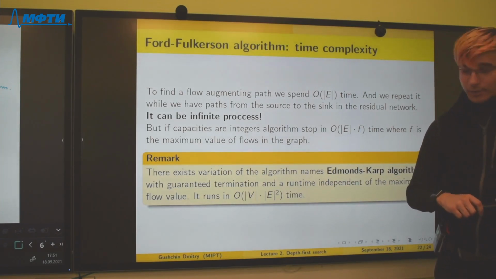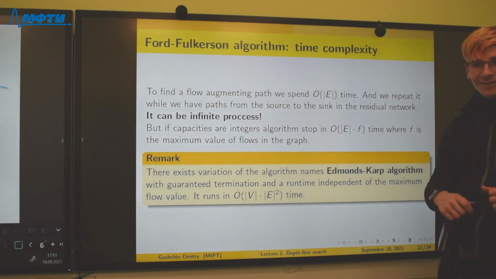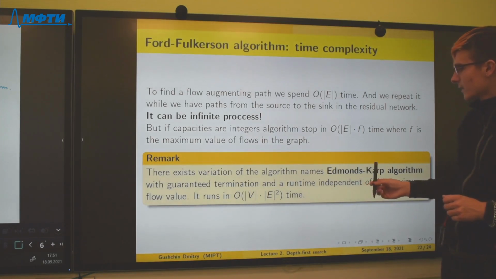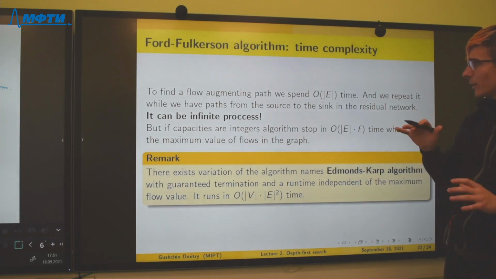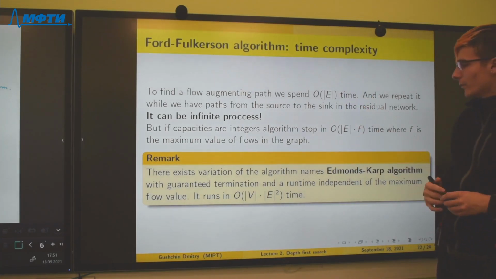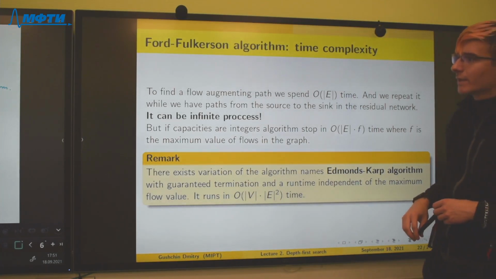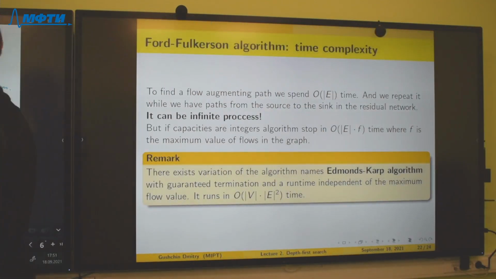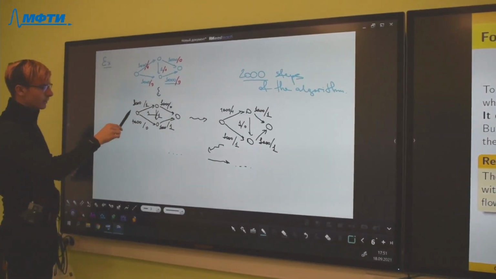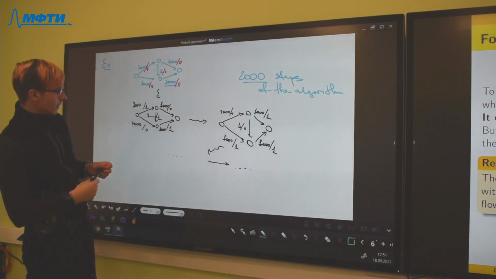If you want, you can Google it and find this algorithm too. It is very similar to the Ford-Fulkerson algorithm, but has a different idea of which augmenting path we need to use in the residual network to increase our flow.